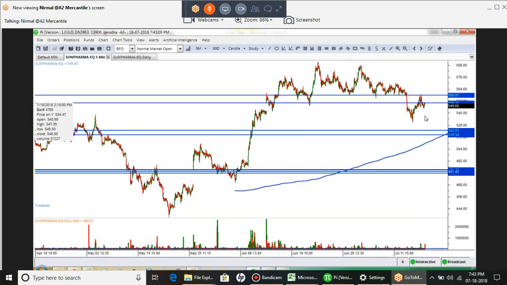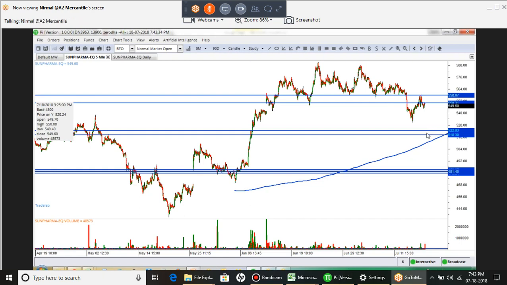Now, for example, Sun Pharma comes in this particular range. What will come to your mind if it comes within this range, say tomorrow itself? Will it break this level or will it defend this level? Break that level. Pharma is weak, right? Correct.